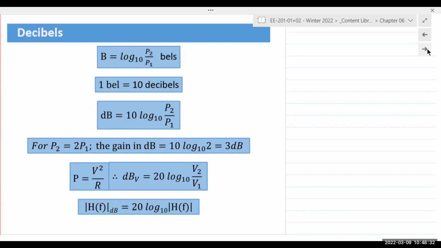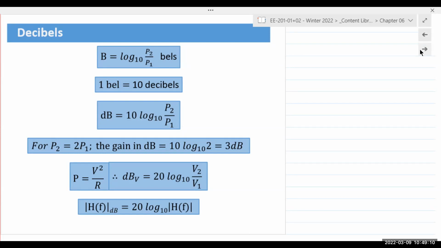Power is V squared over R, which translates this equation, decibels, to 20 times log of V2 over V1. The ratio of the powers, 1 dB is simply 10 times log of P2 over P1, but in terms of voltage, it becomes 20 times log of V2 over V1. So when you plot the magnitude of the transfer function of any filter, if you're taking V out to V in, it is 20 times the log.